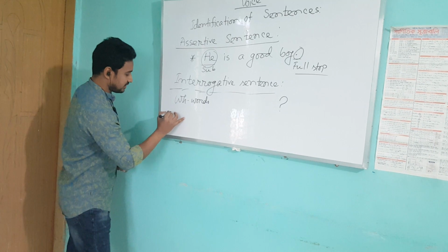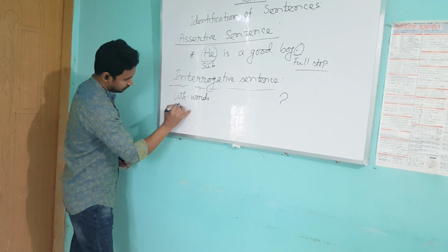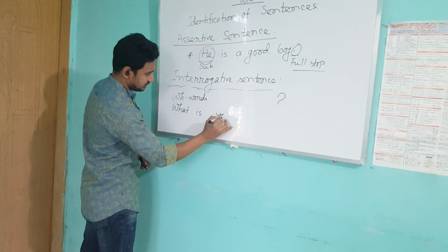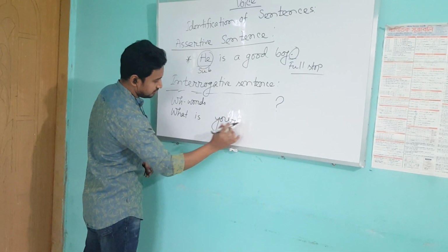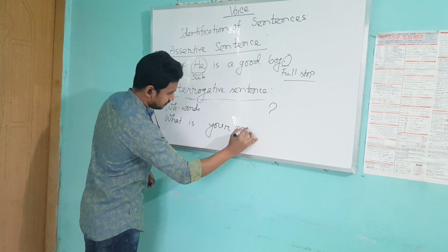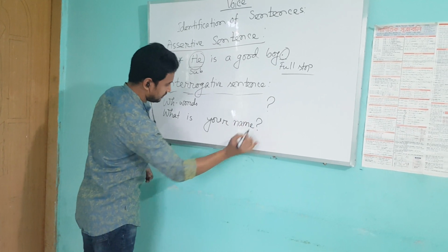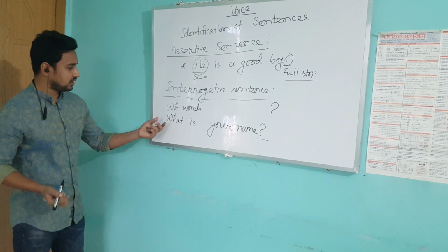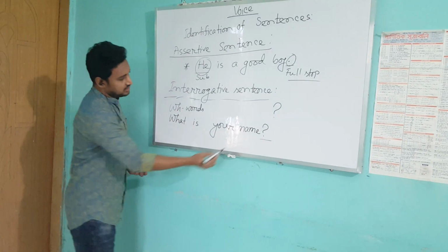If we write a sentence, what is your name? Look, what have we got? We got a WH word at the beginning and at the end a question mark.